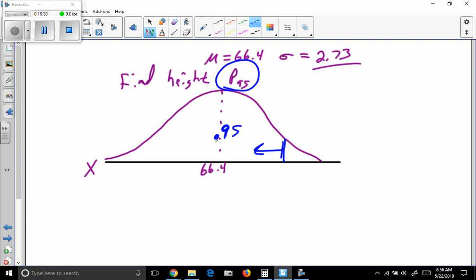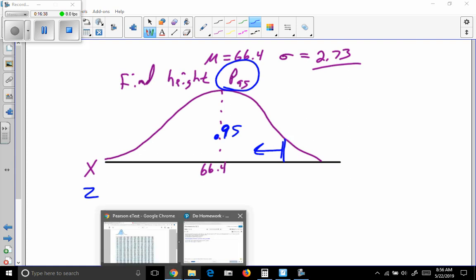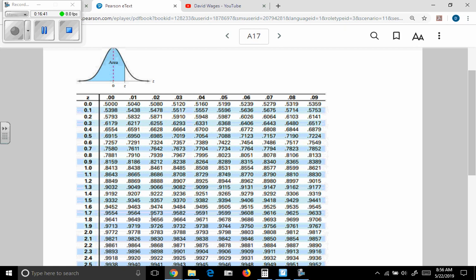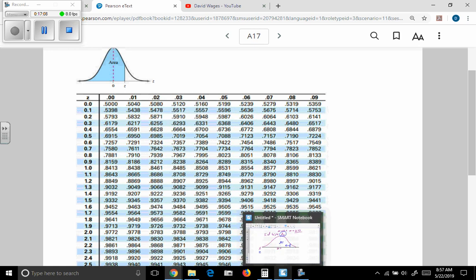Now, when we look up an area of 0.95, that's going to give us a z-value. Not an x value, but a z-value. So if we go to our table, we're looking not for a z of 0.95, we're looking for an area of 0.95. So we want to find out where we have an area of 0.95. Here's 0.9505, here's 0.9495. 0.95 is halfway in between these. So here's 1.6, so halfway between 1.64 and 1.65.